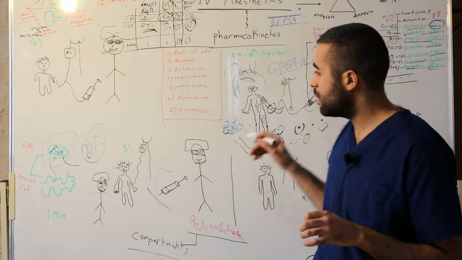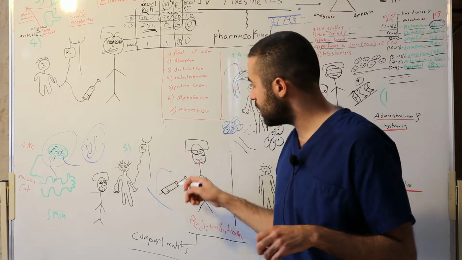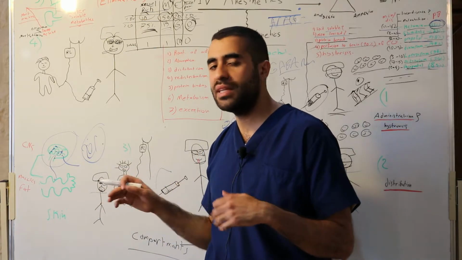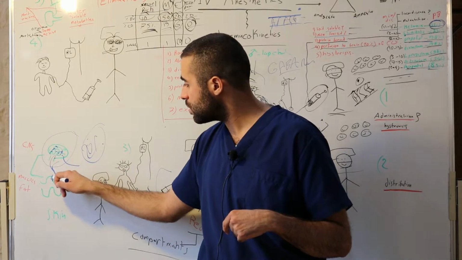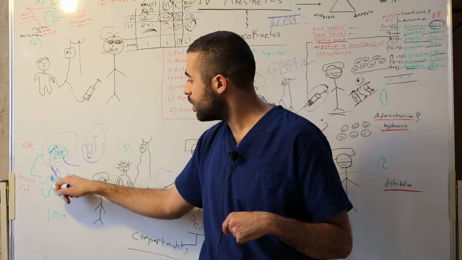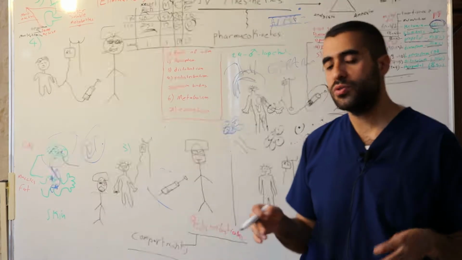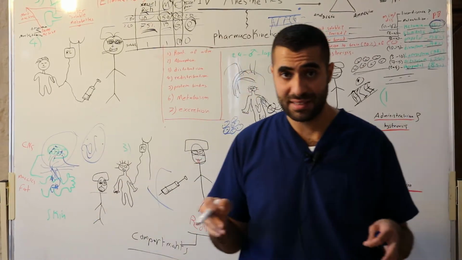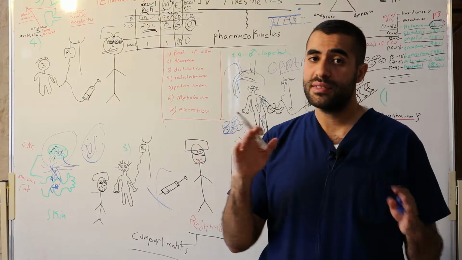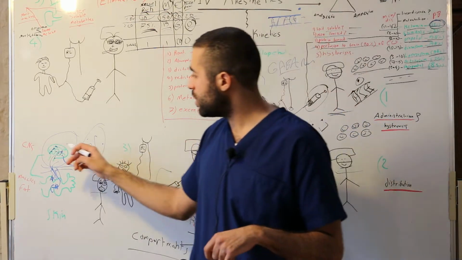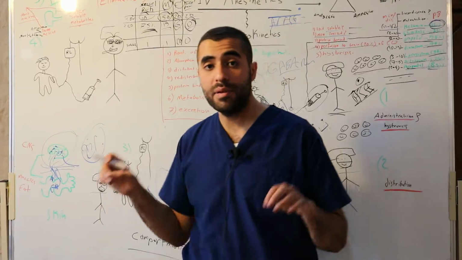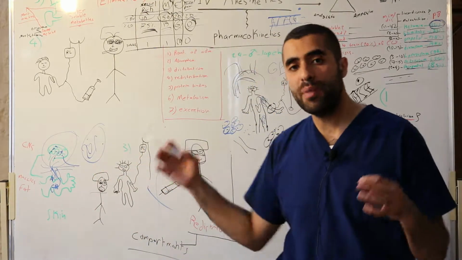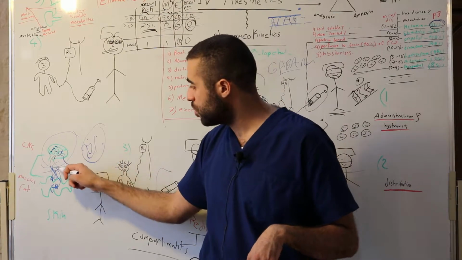The answer is that when you give your IV anesthetic, it will go to the brain first, and after a few minutes it will go to the muscles. When it goes to the muscles, the concentration of the drug in the blood will decrease, and a difference between the drug concentration in the brain and in the blood will be set. So the drug will move back from the central nervous system into the blood.